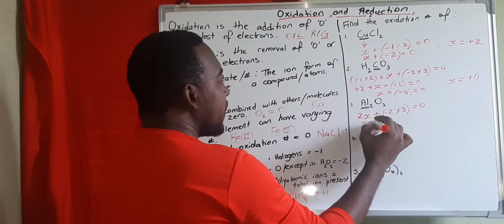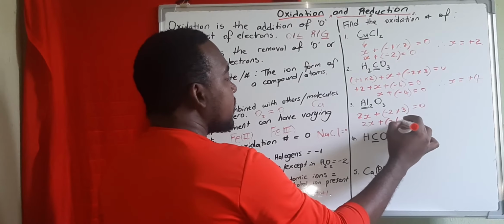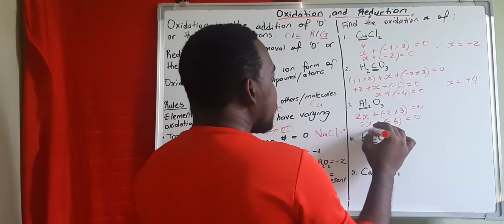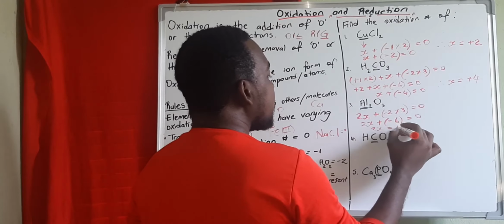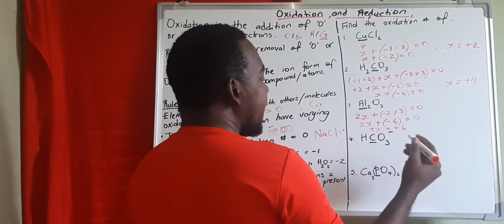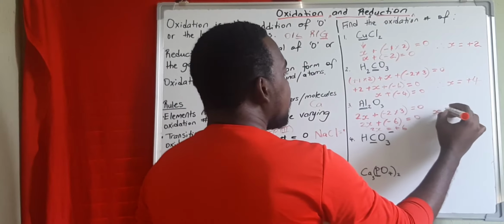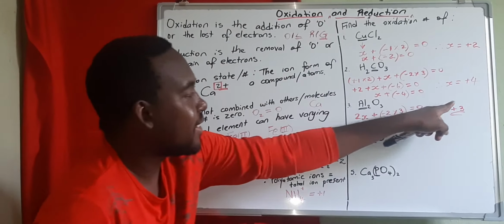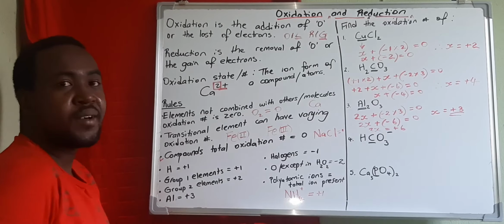So we have 2x plus -6 equals 0. We take over the -6, so we have 2x equals +6. We need x alone, so we divide through by 2, so x would be +3. Right? And in that case, you notice aluminum here is +3.